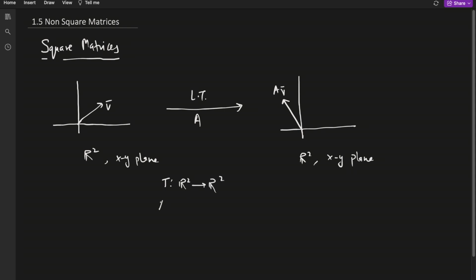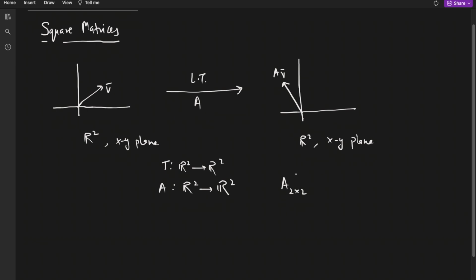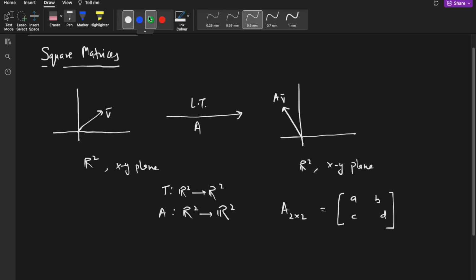That is, this matrix A is transforming vectors from R2 to R2. So this A will be 2 by 2, with entries A, B, C, and D. The first 2 here is related to the vector coming from the input vector space.